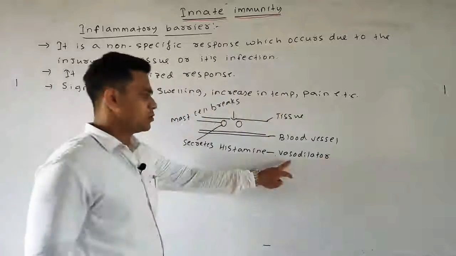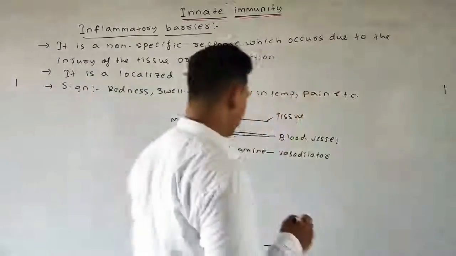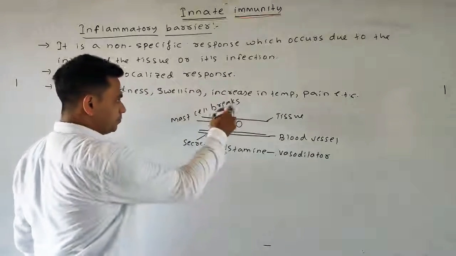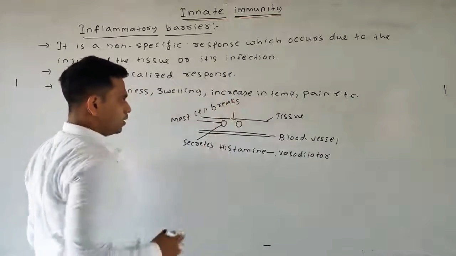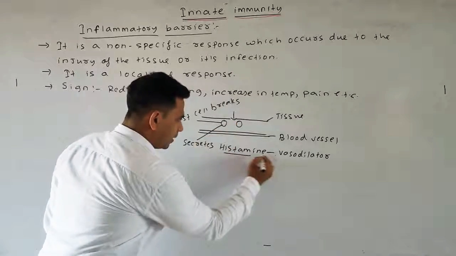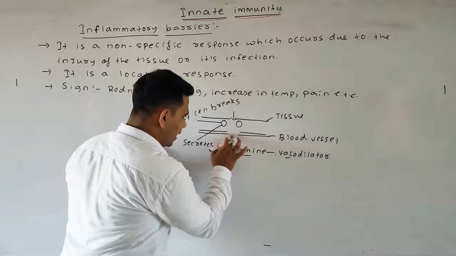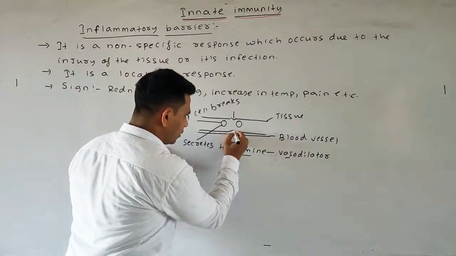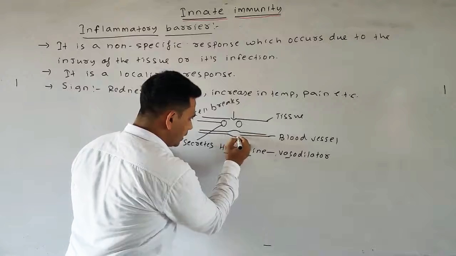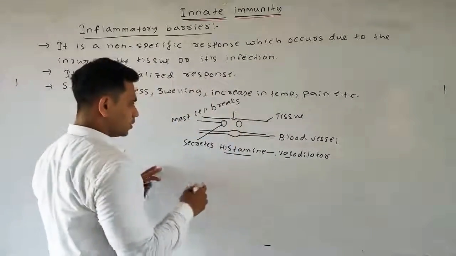Vasodilator means it simply helps in dilating the blood vessels. Whenever tissue injury happens, the mast cells break, they secrete histamine which acts as a vasodilator, which helps in dilating the blood vessel, which increases the blood flow, by which the redness occurs.